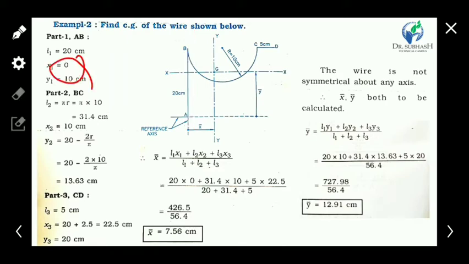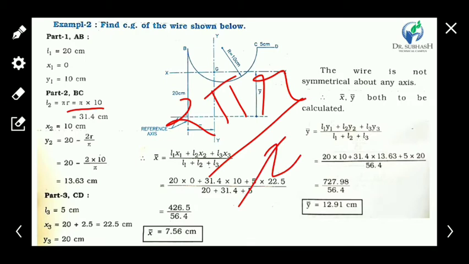Now the BC element is an arc, a wire arc. We know the length of an arc here is pi r, actually 2 pi r by 2, so the 2 cancels, and it's pi r.